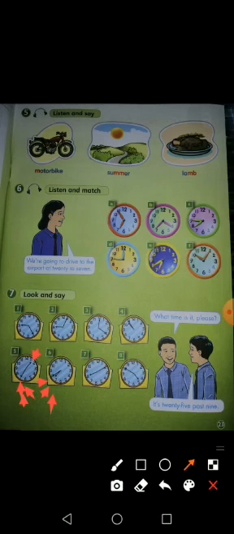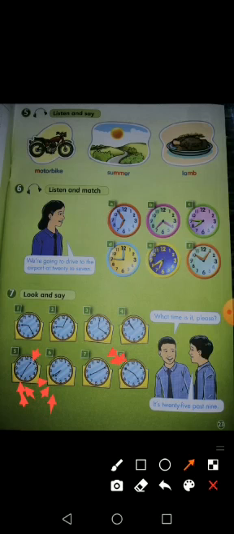And number 7, it is 10 past 8. We say 10 past, not 10 to. 10 past, because the minute hand is on number 2. It is 10 past 8. Okay?